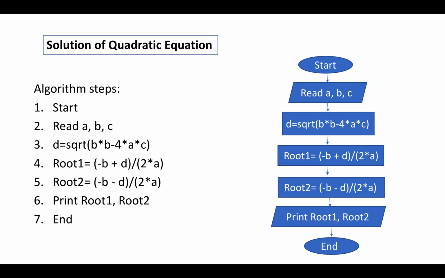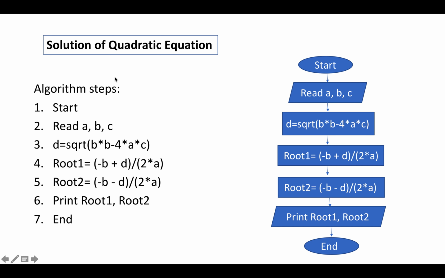So the algorithm begins with start, then we need coefficients of the quadratic equation a, b, c, then discriminant d is equal to square root of b square minus 4ac. We have calculated this. Root 1 is minus b plus d divided by 2a, and root 2 is minus b minus d divided by 2a. And we have to print those two roots, with the statement print root 1 and root 2, and end the process.